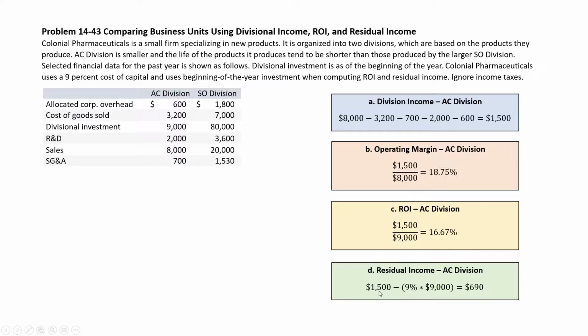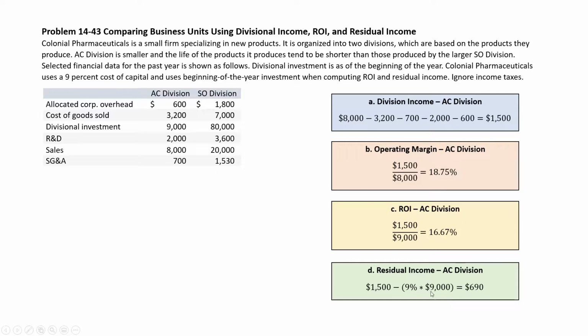This is what I actually earned, the $1,500. I'm going to subtract from that what I anticipated a minimum that I should have earned for my divisional investment or my assets. So I'm going to take that $9,000 of divisional investment and multiply it times the cost of capital or minimum required rate of return, minimally what I should be earning, which in this problem is going to be 9%.